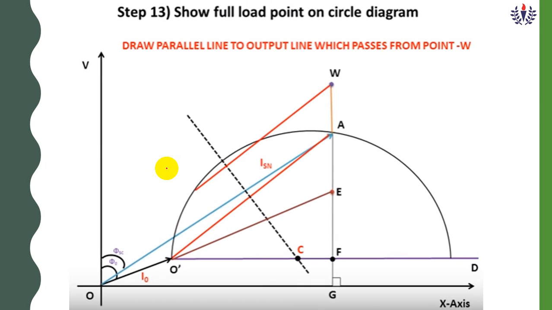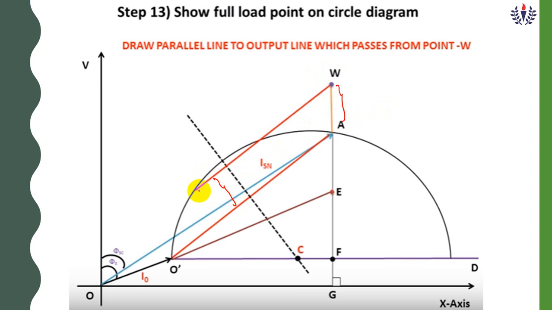Then we have to mark a point W from A, and draw a perpendicular line down towards the circle, where the distance between W and A should be the same till this edge.